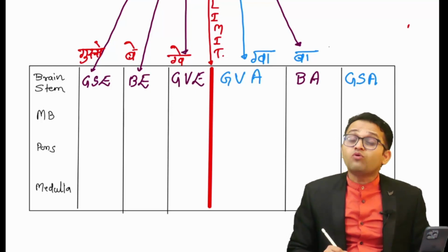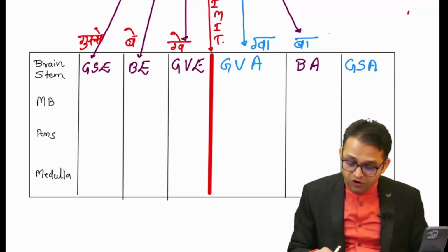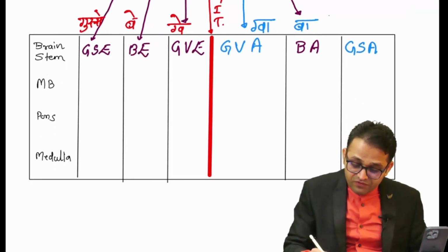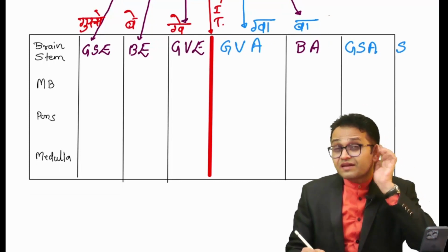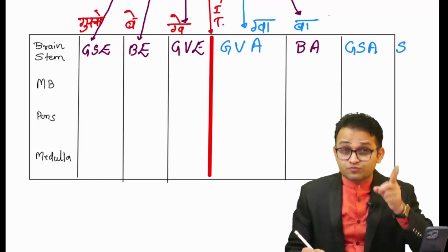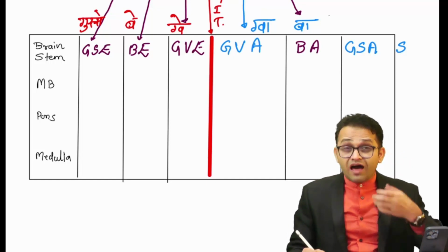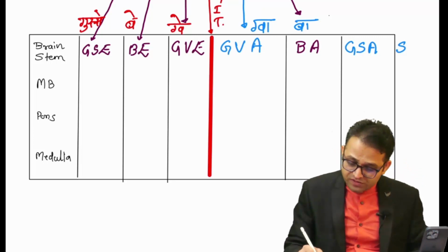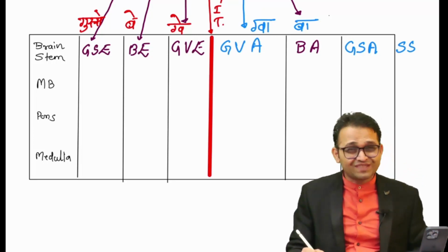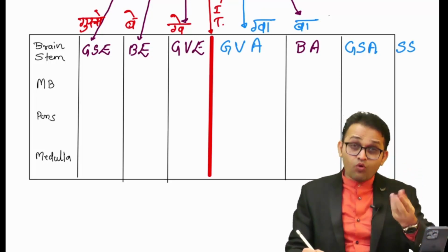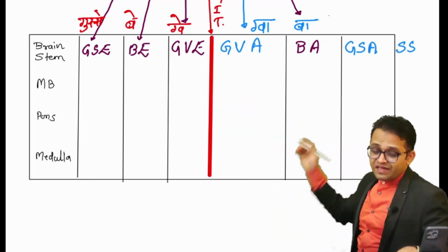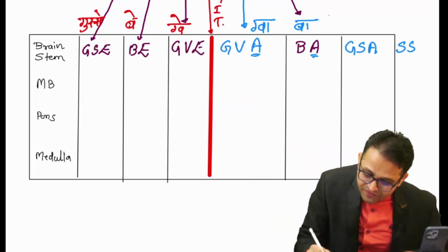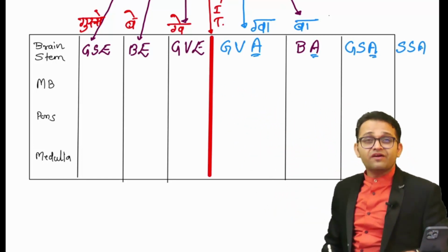Now later there is the development of one more column, the very special structures, special sensation, like hearing, vision, smell. These are derived from somites or ectoderm, so you will say somatic. Don't use the viscera term. After the sulcus limitans, everything is efferent.